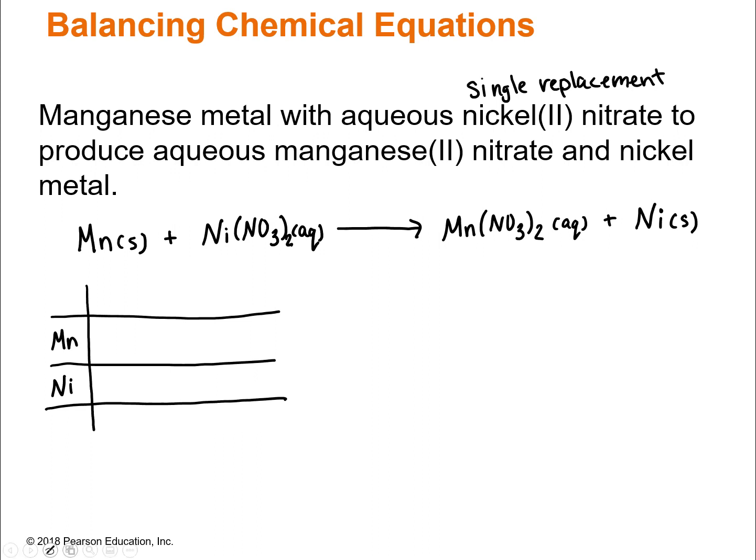I see nitrate on both sides of my equation. Because I see it on both sides, I can keep it together as a unit and balance it that way. I don't have to balance the individual nitrogens and the individual oxygens.